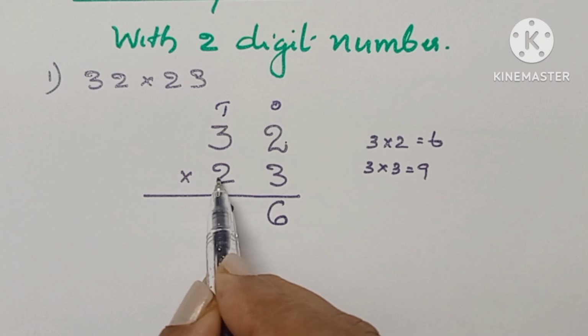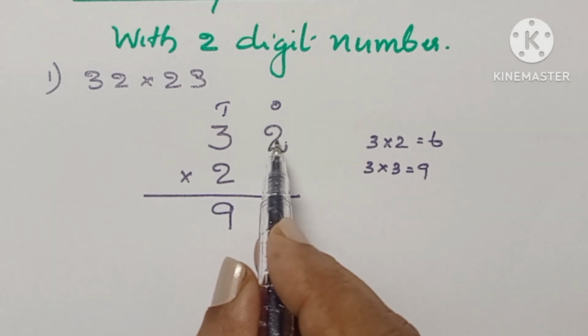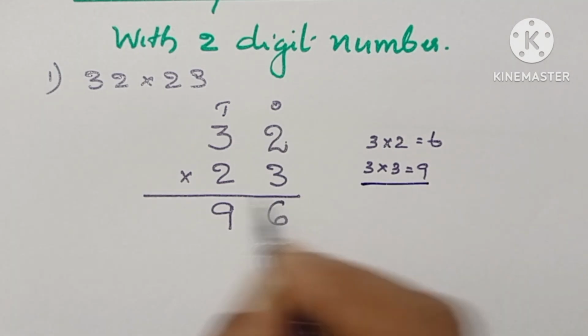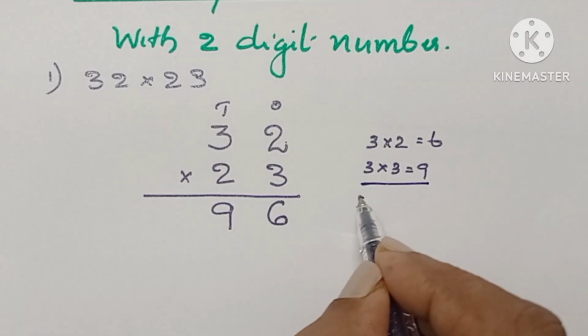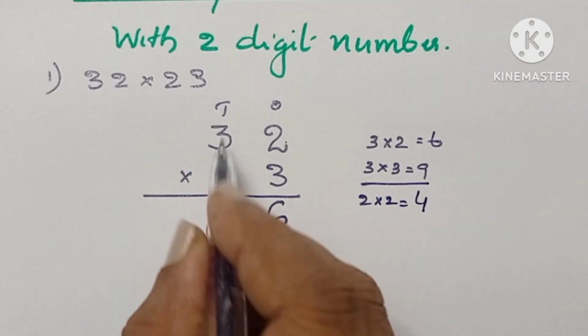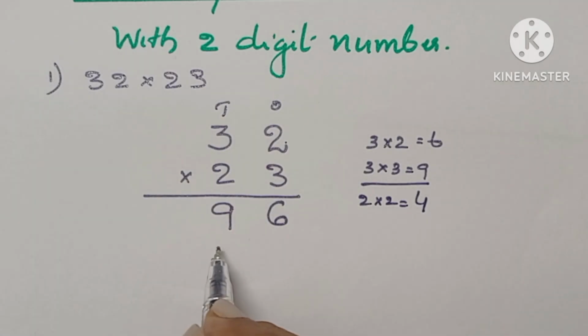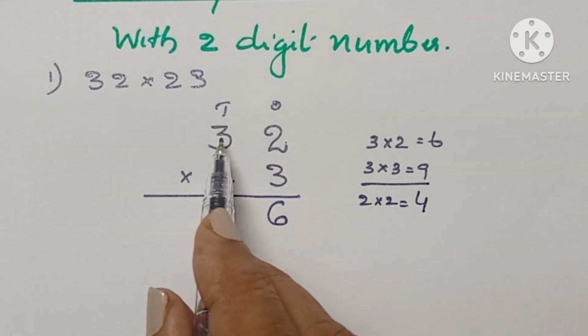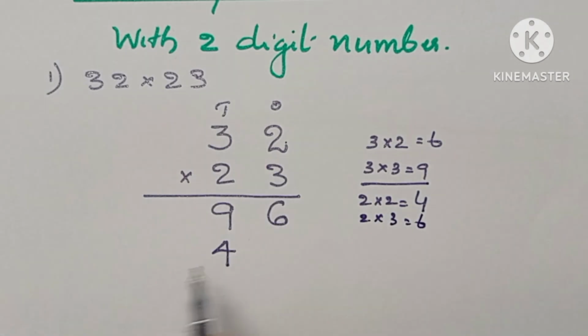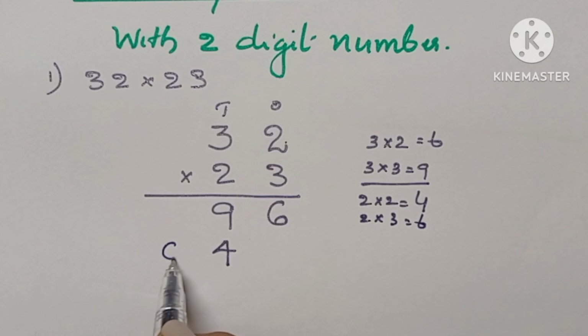Therefore, 2 into 2, the answer 4, we have to write in the tens place. Then 2 into 3, 6, we are writing in the hundreds place.